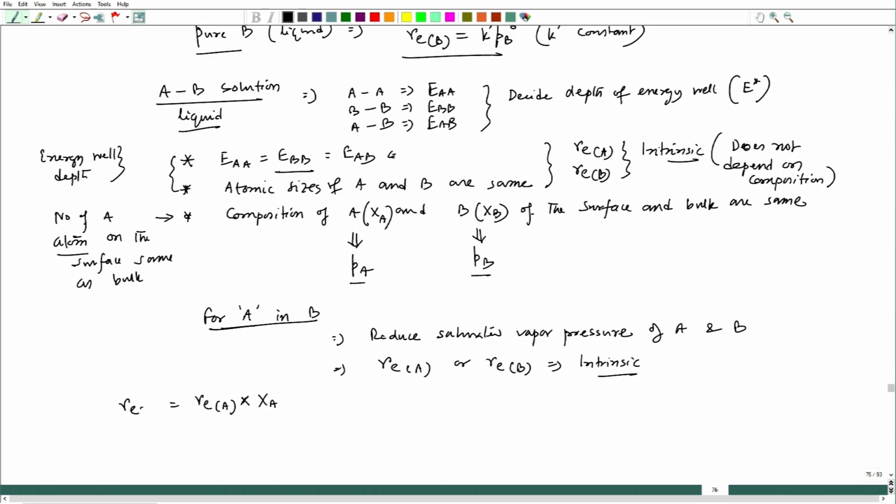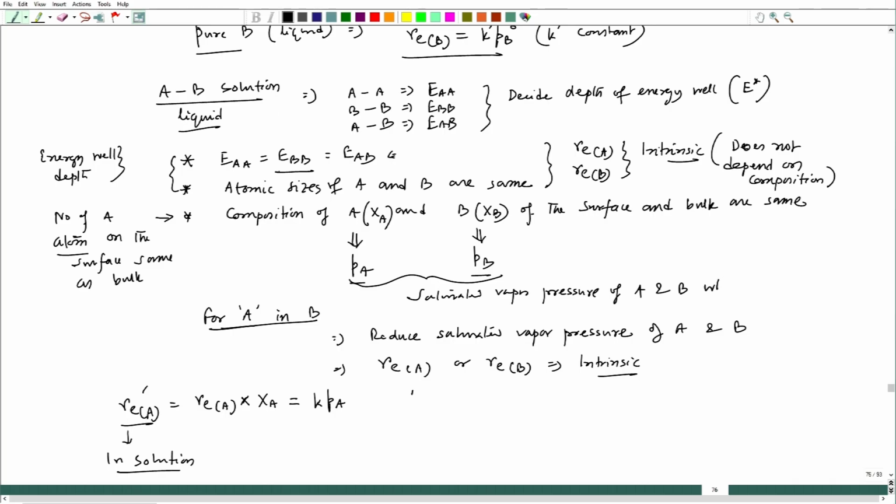So, this is, let us say, REA in solution. So, there will be a reduction by XA, which should be equal to K into PA, because the PA is the saturated vapor pressure of A as well as B when solution is considered.